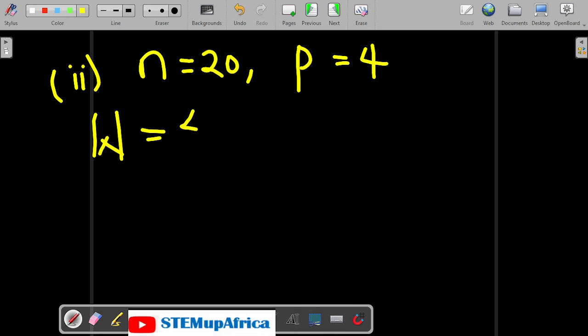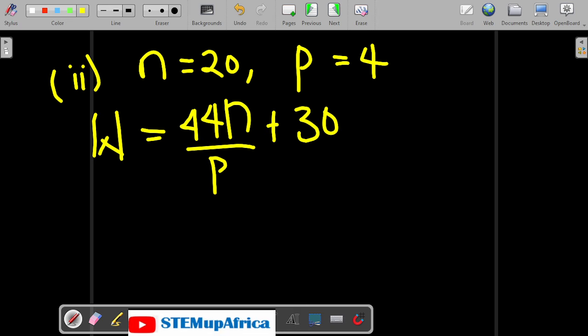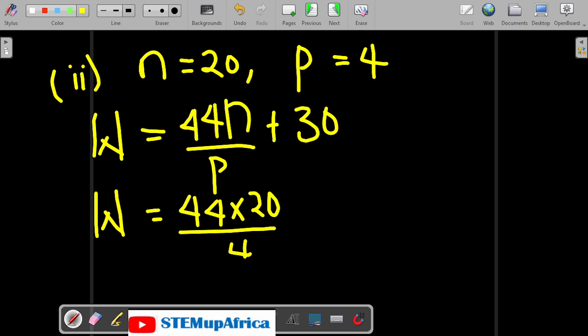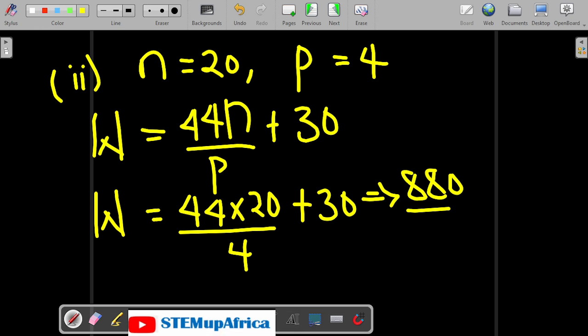Remember the relationship, 44N over P plus 30. So W now will be 44 times 20 divided by 4 plus 30, which is 44 times 20. That will give us 880 over 4 plus 30.